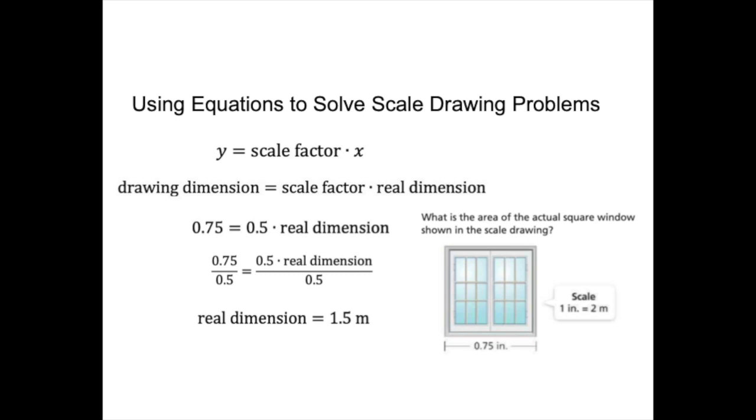We know that the scale factor is 1/2, and we need to find the real dimension, so that's still our variable. Next, we solve a very simple equation by dividing by 1/2 on both sides, and we find that the real dimension is 1.5 meters.